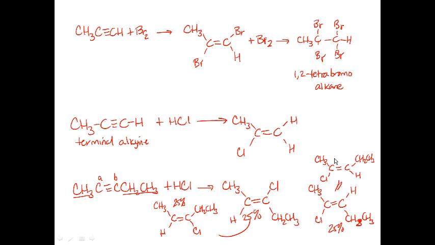There's no selectivity involved because of that. Okay. So HX, HX with peroxide, the anti-Markovnikov addition, and the Br2 additions are just very minor extensions of those reactions with double bonds.